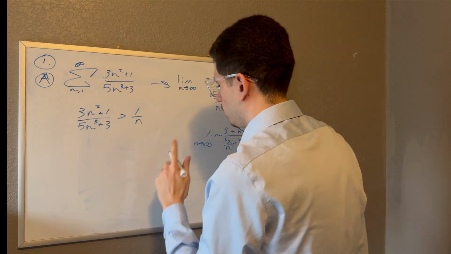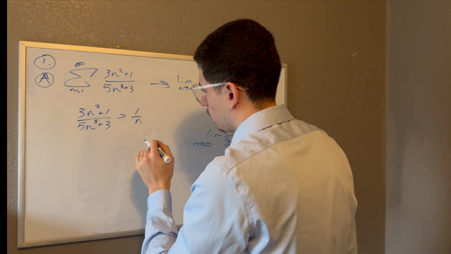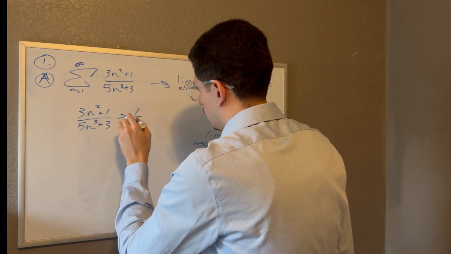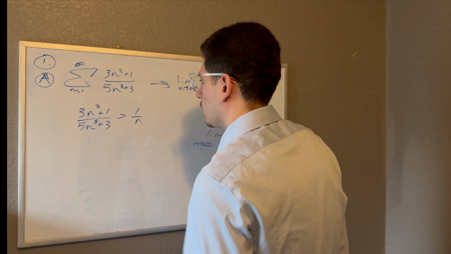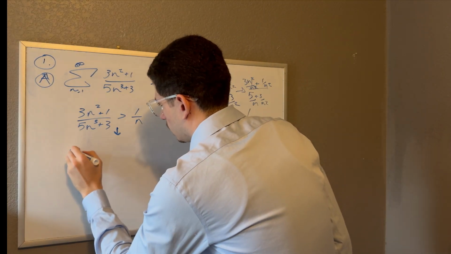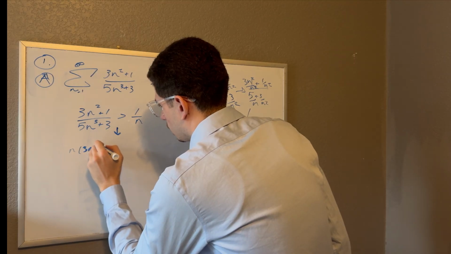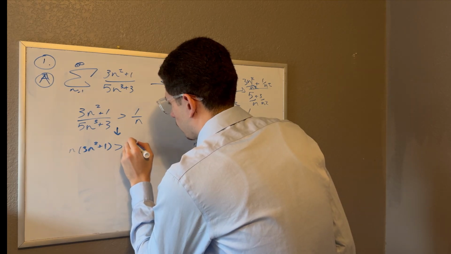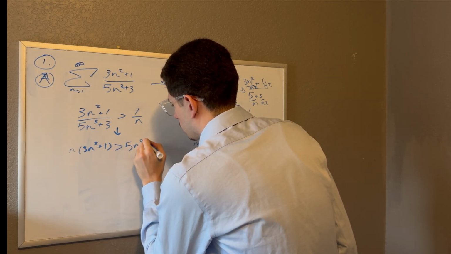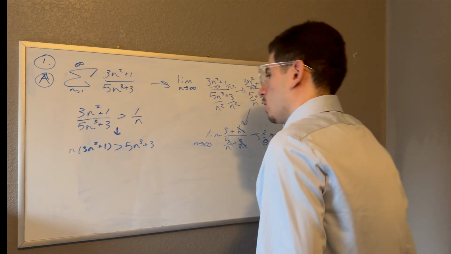So we're going to see if it is bigger. We have to multiply this out, which would be like this: 3n plus 1 is bigger than n cubed plus.